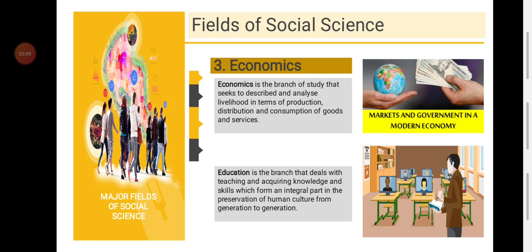We have also economics. Economics is the branch of study that seeks to describe and analyze livelihood in terms of production, distribution, and consumption of goods and services. So meaning, we will know the economic study of how society uses its limited resources.